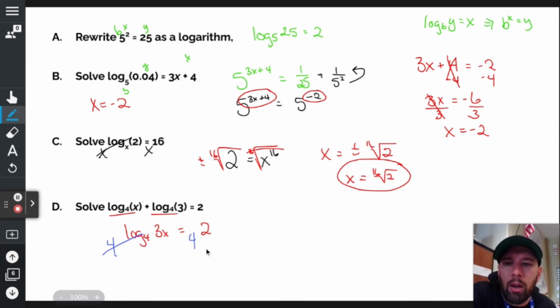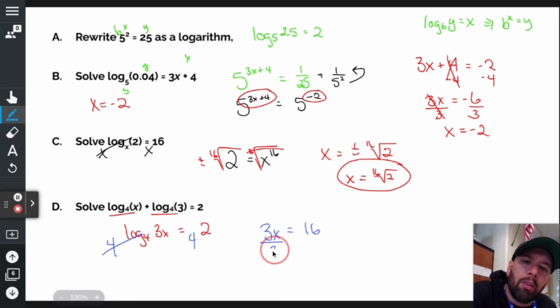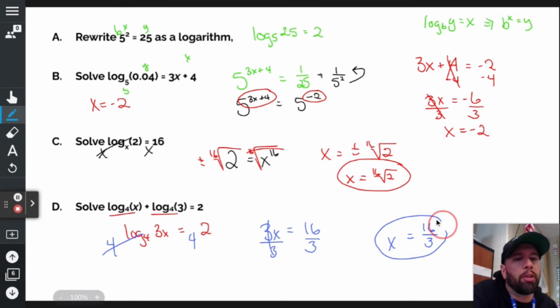That crosses out. That gets me 3x alone equals 4 squared, which is 16. Divide both sides by 3, and x equals 16 over 3, which is 5 1/3, 5.3 repeating.